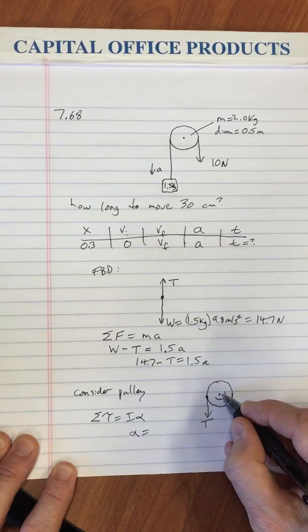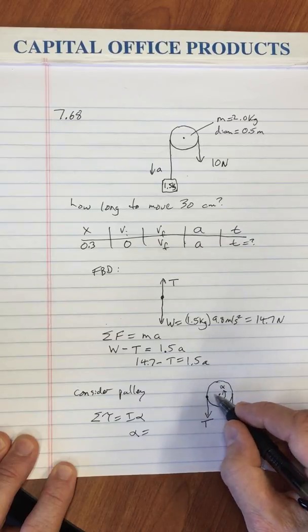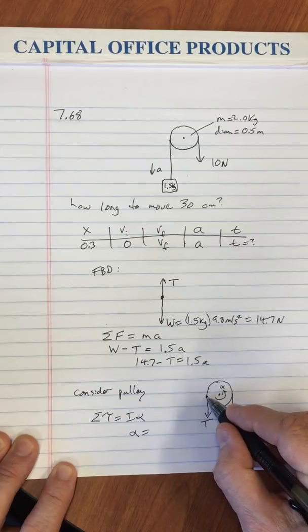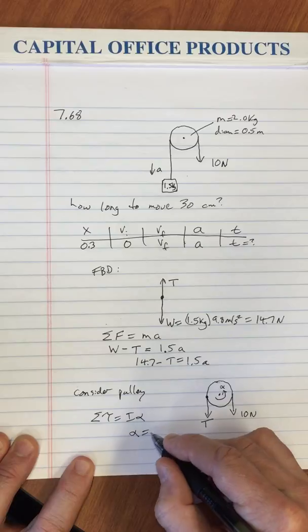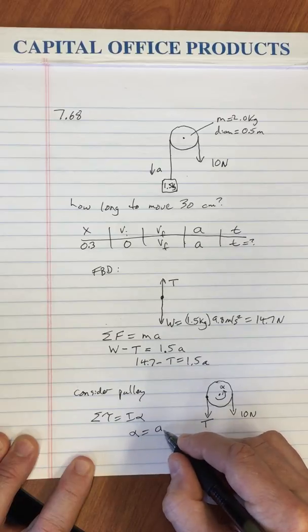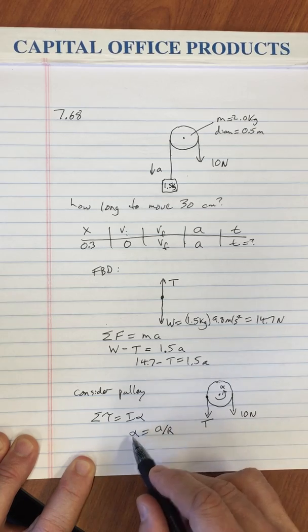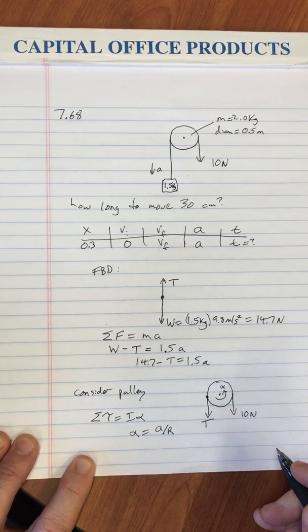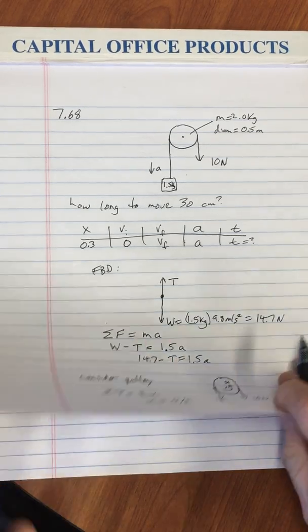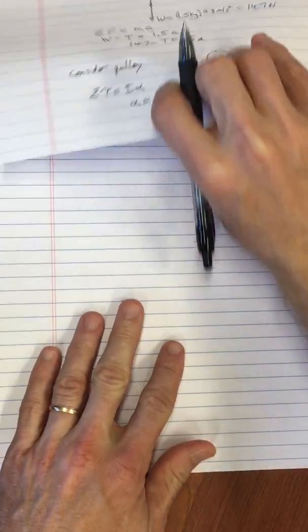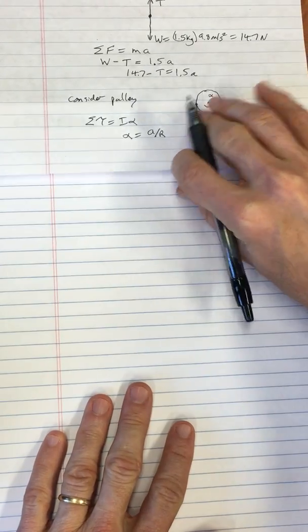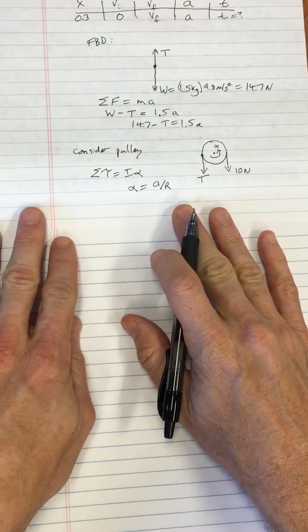So if I know the angular acceleration of the wheel, I also know the acceleration of this rope down. And they are related by the angular acceleration is a over R. a is equal to alpha times R. It's our usual conversion from angular to linear values.